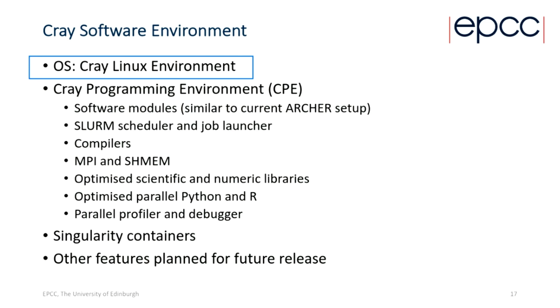It's also going to provide support for Singularity containers, and there are other features planned for future release as well, which I'm not going to talk about here, because that's in the Cray HPE sphere of things, not mine at all. I'm going to talk about the stuff I know about from the public domain at the moment. The Cray Linux environment, as on Archer, I think is based on SUSE Enterprise Linux.